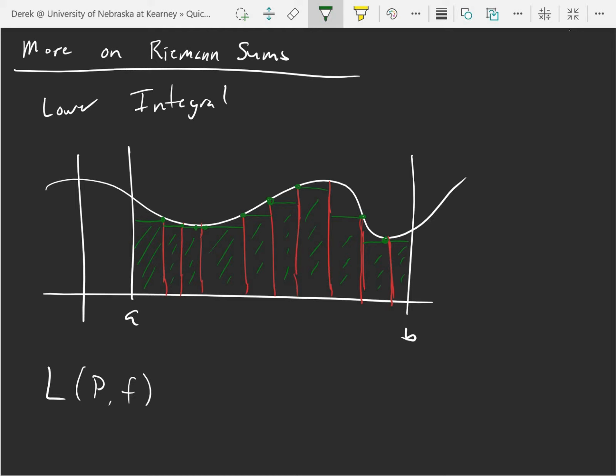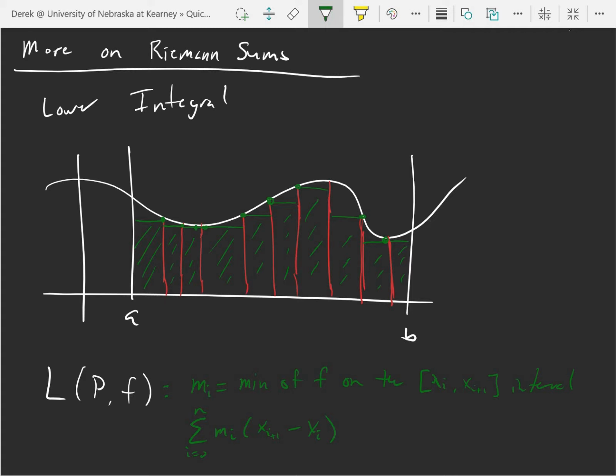The lower sum, this is the minimum points, so m_i equals the minimum of f on the x_i to x_{i+1} interval, and this is going to be the sum of m_i times (x_{i+1} minus x_i) from i equals 0 up to n, or however big your partition is.